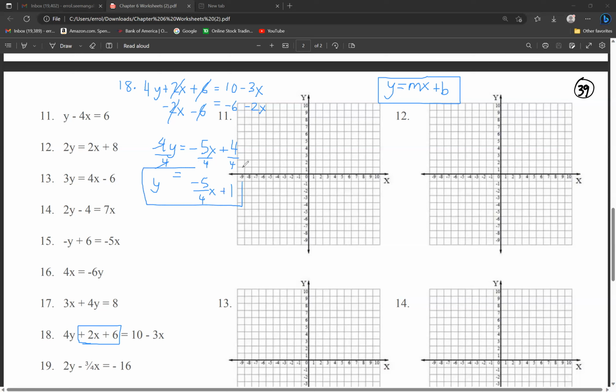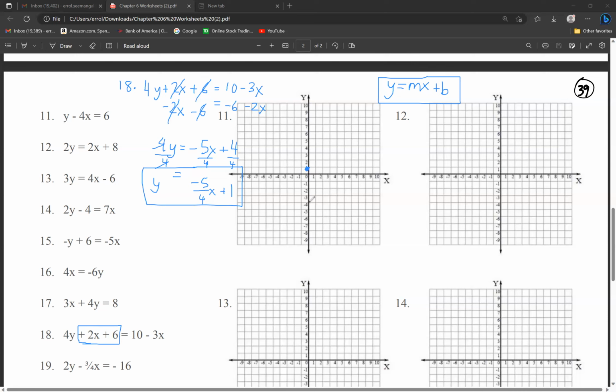Okay. All right, where's the first dot? 0, 1. So I'm going to do it over here. 0, 1 is right there. Where's the second dot? Go down 5. 1, 2, 3, 4, 5.